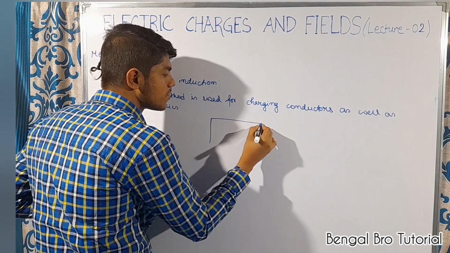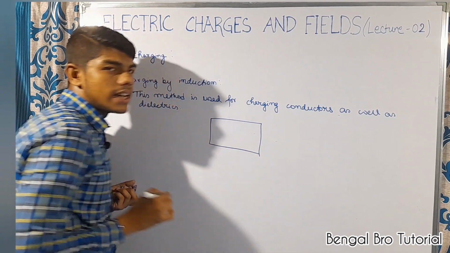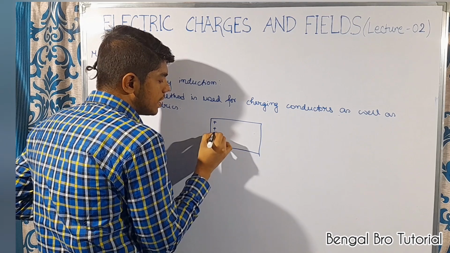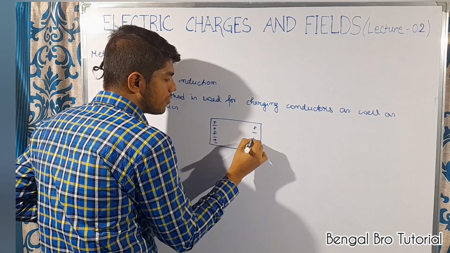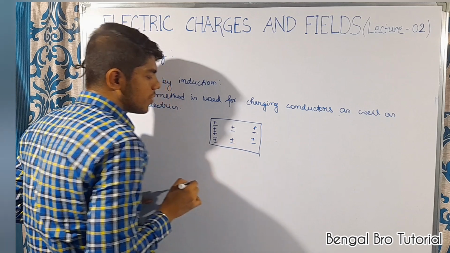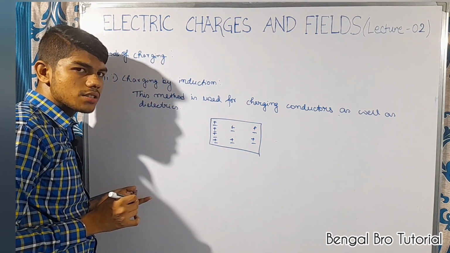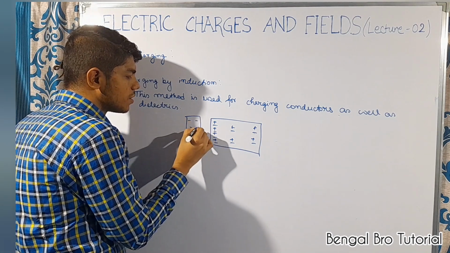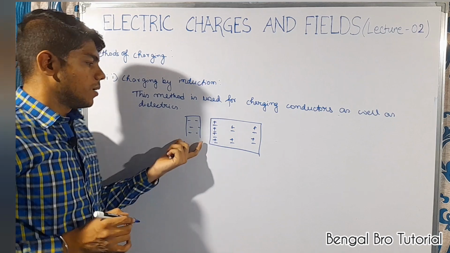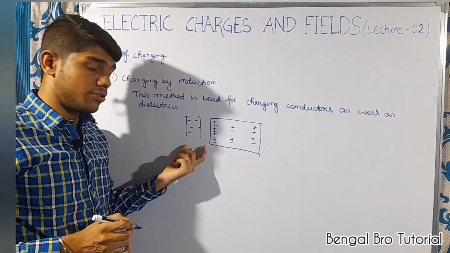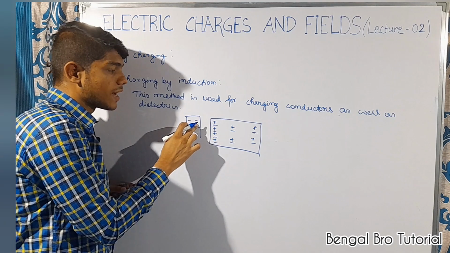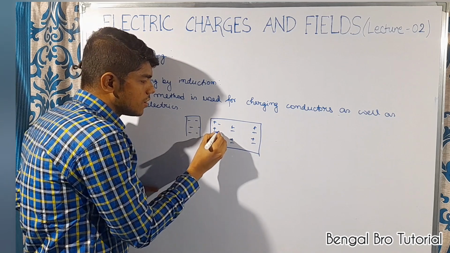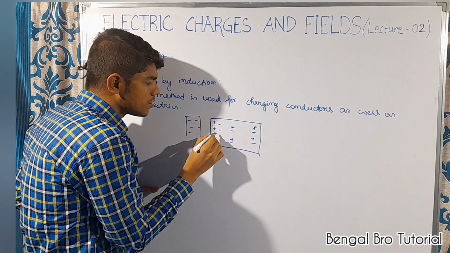See, suppose this is a dielectric material. Now, initially this body will have equal number of positive and negative charge. Understood? But when you bring a charged body near this dielectric, then due to this negative charge, these electrons will be repelled slightly away.